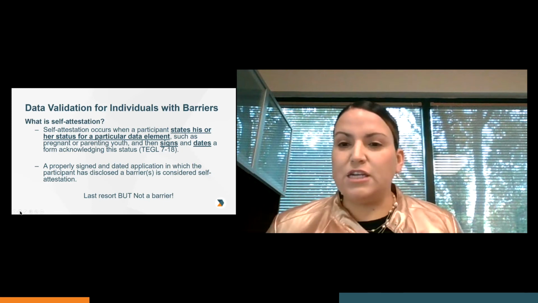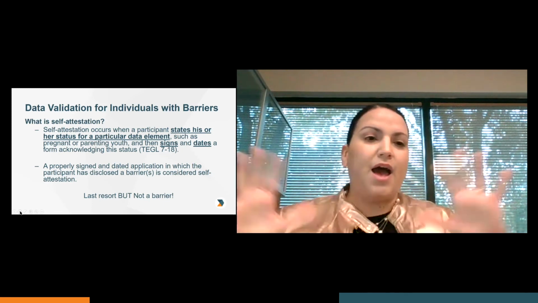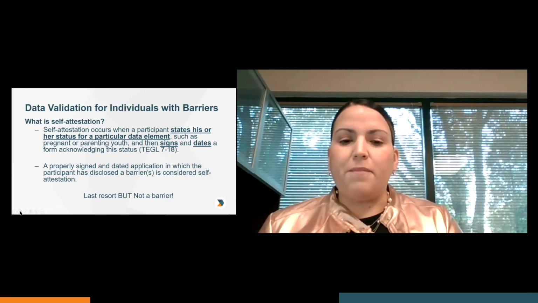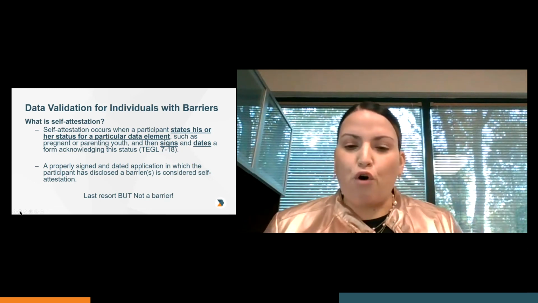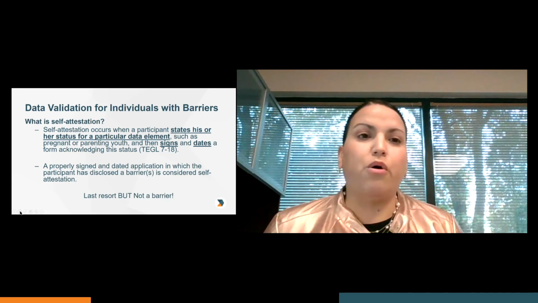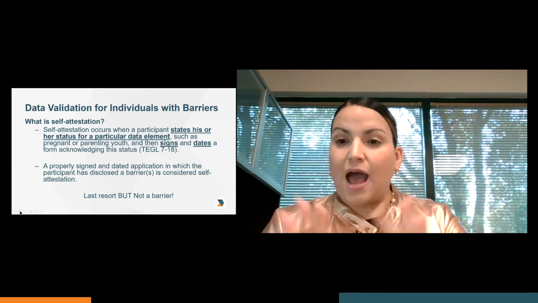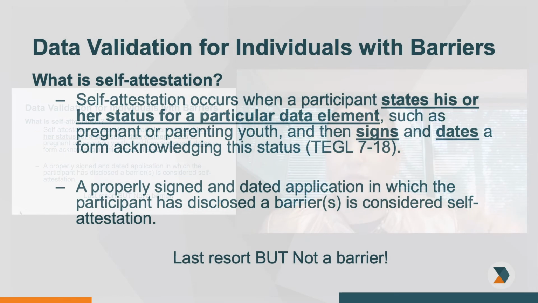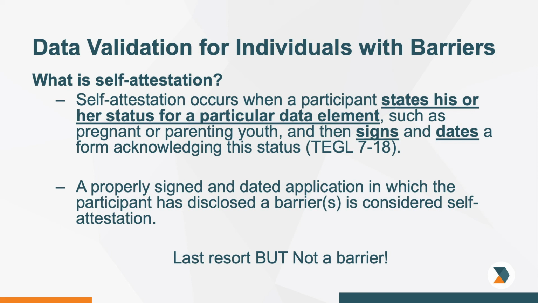So self-attestation is simple. I say, you know, I have a disability, or I'm a pregnant youth, and then I sign and date a self-attestation form acknowledging that, or I sign and date the application after I check the boxes that say I have a disability, or I'm a veteran, or whatever barrier the individual is self-disclosing.